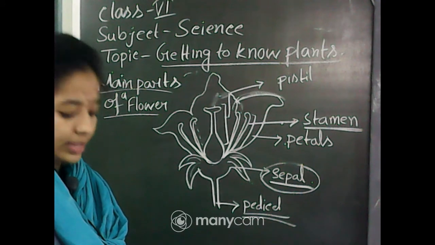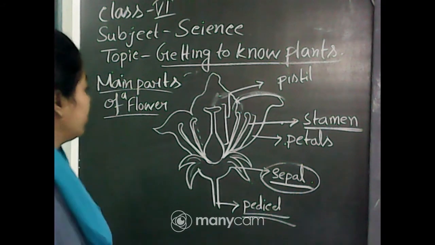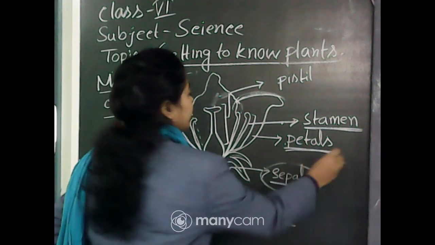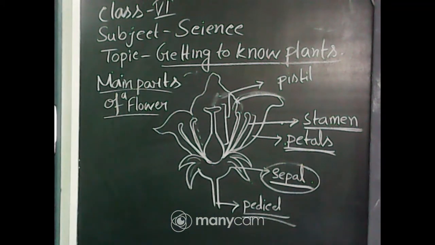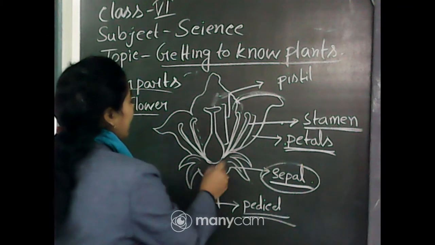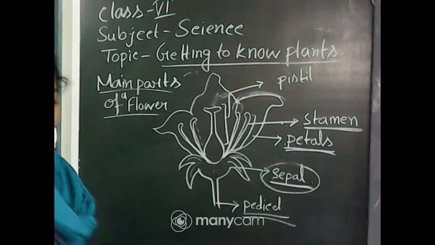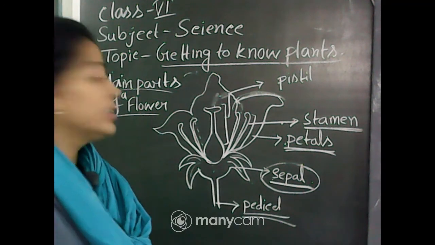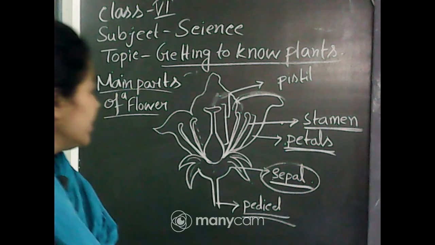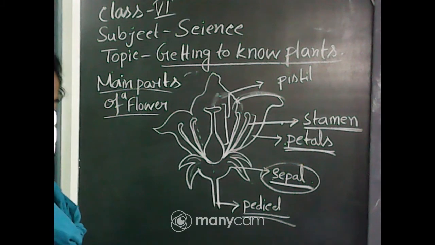Now comes the next part of the flower, that is, petals. What are petals? Petals are inside the sepals. You can see that after the sepals comes the structure called petals. Different flowers have petals of different colors. You have seen that, and some flowers have very sweet-smelling petals.